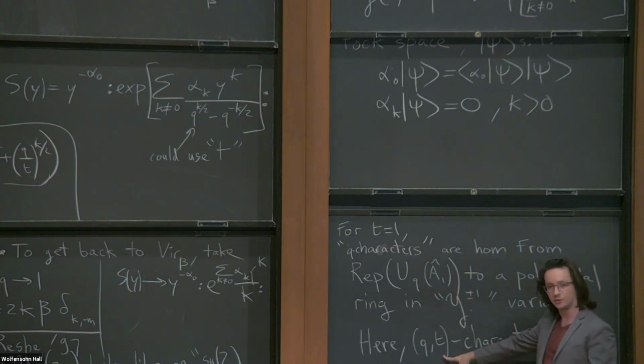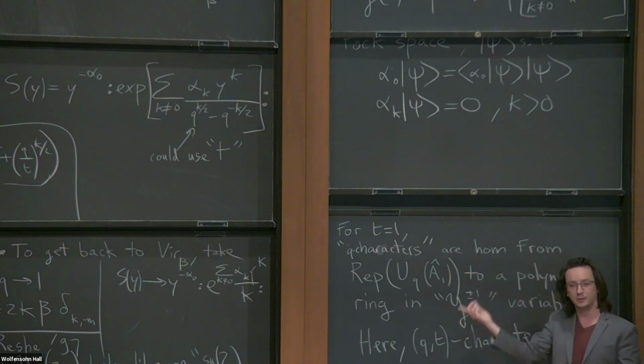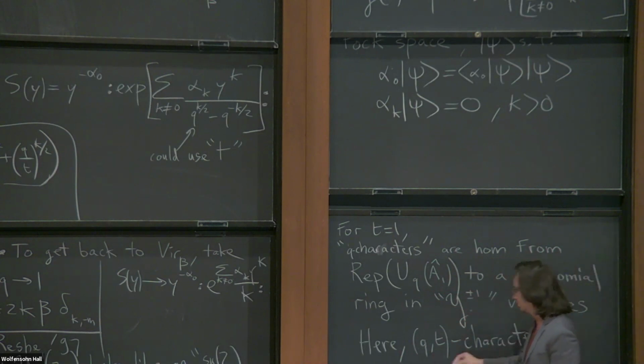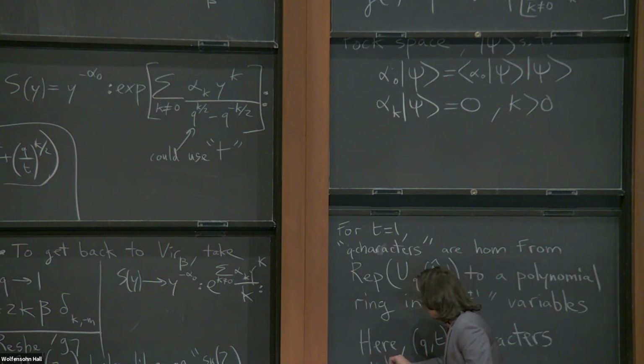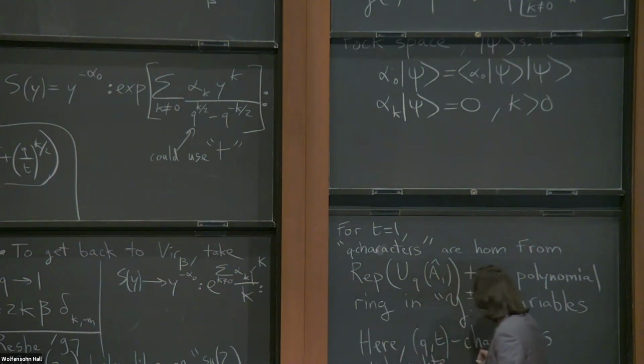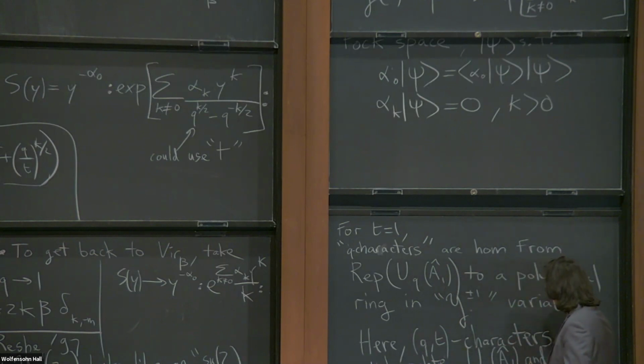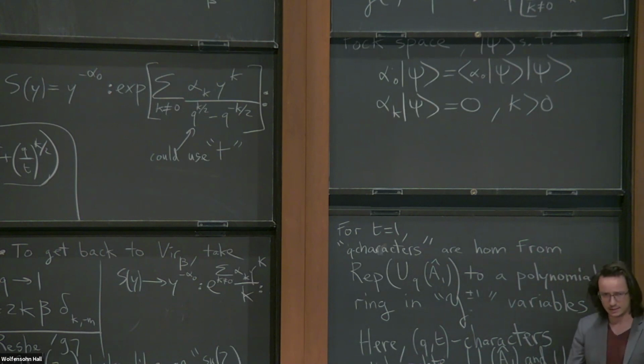And so they thought of these as interpolating between U_q of A1 hat representations and U_t of the Langlands dual, which in this case is just A1 itself. But for quantum affine algebras, they thought, well, we can use these characters.